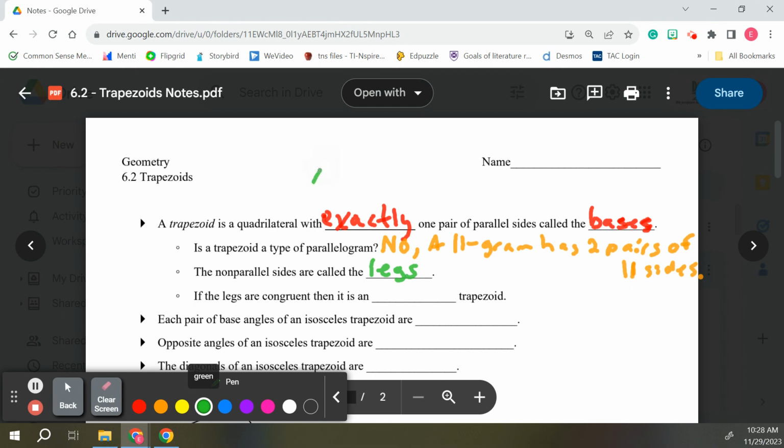If I drew a picture here, the legs would be here and here. And they're saying if the legs are congruent, so they're equal to each other, so it would look something like this, then it is an isosceles trapezoid.